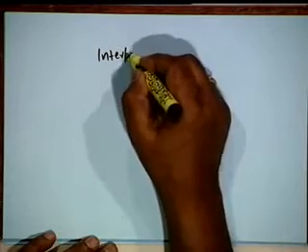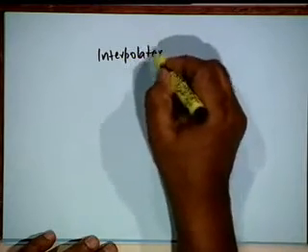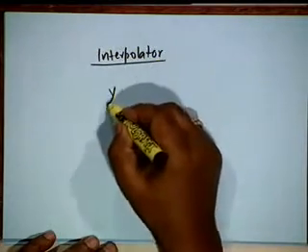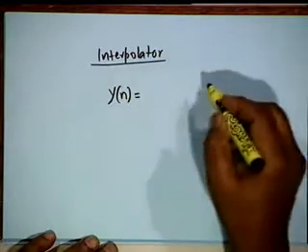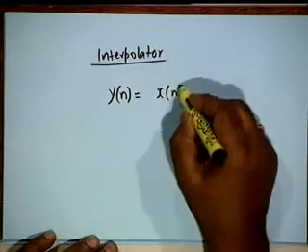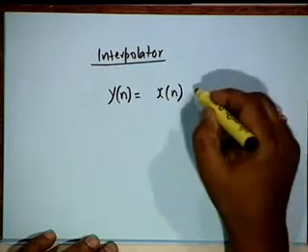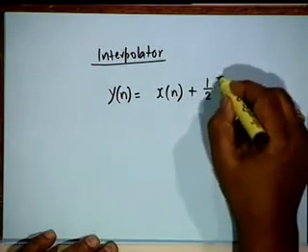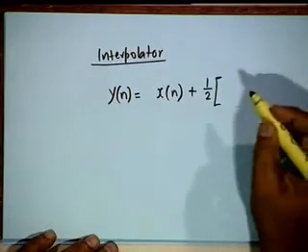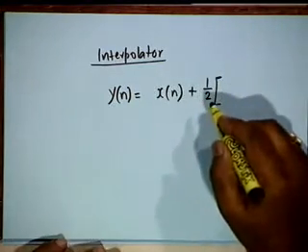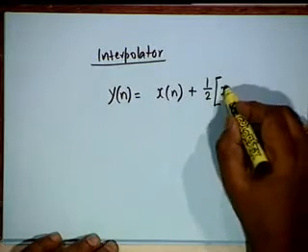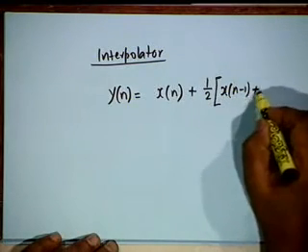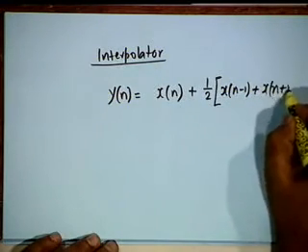Suppose we have an interpolator. Next example. The simplest interpolator is something like this. You take the present value and to it you add half of the immediate past and the future values, that is x of n minus 1 plus x of n plus 1.